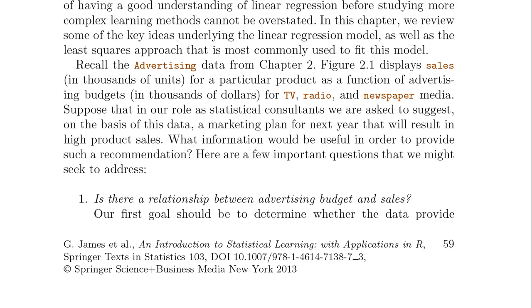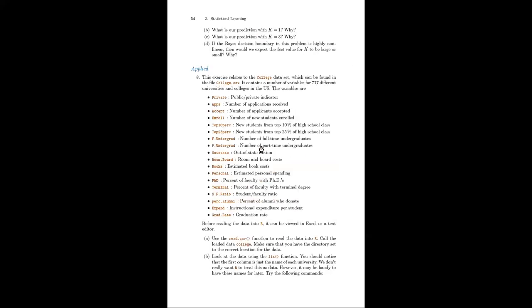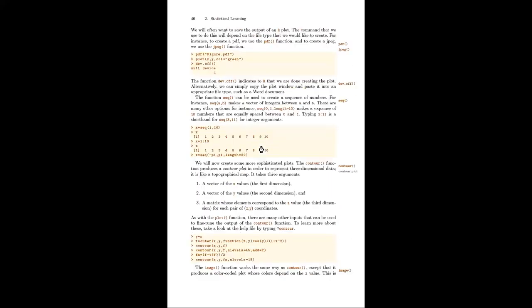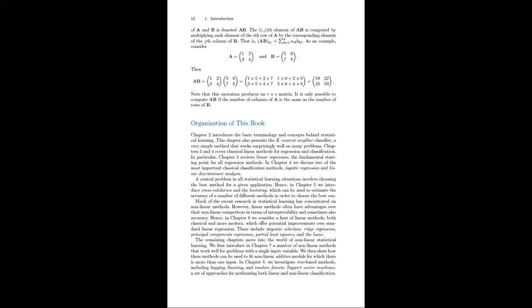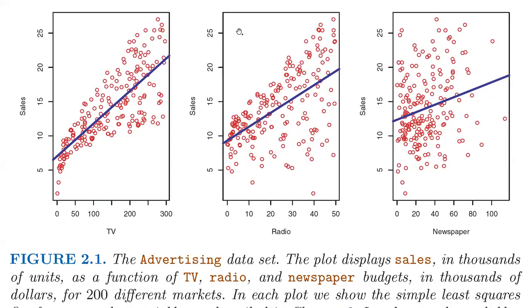Recall the advertising data from chapter 2. Figure 2.1 displays sales in thousands of units for a particular product as a function of advertising budgets in thousands of dollars for TV, radio, and newspaper media. We are referring to these three charts over here.